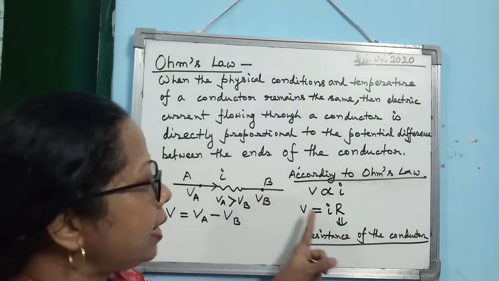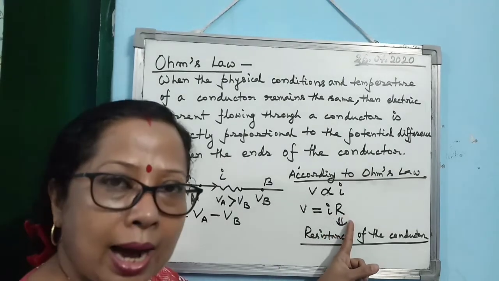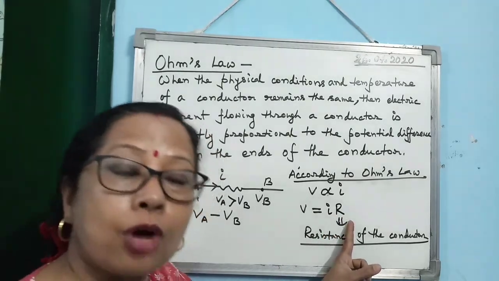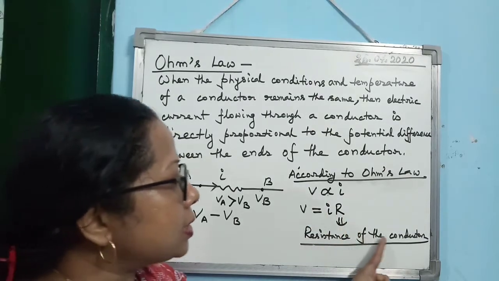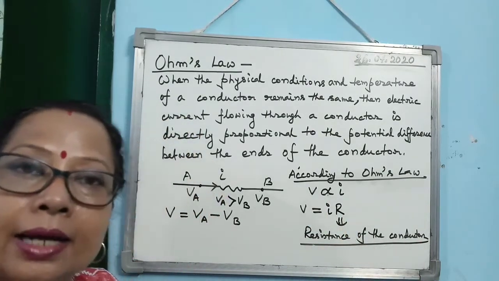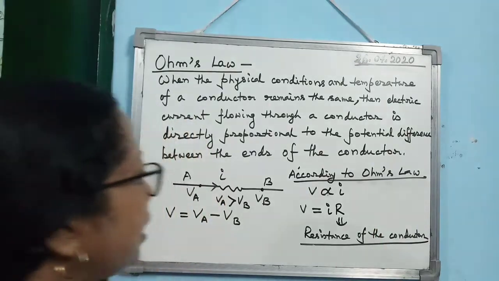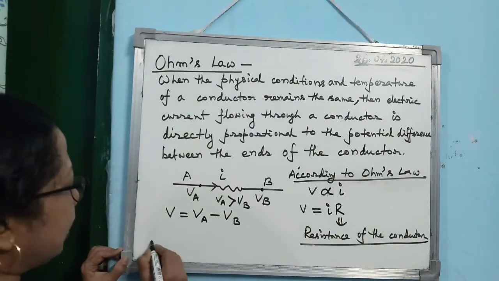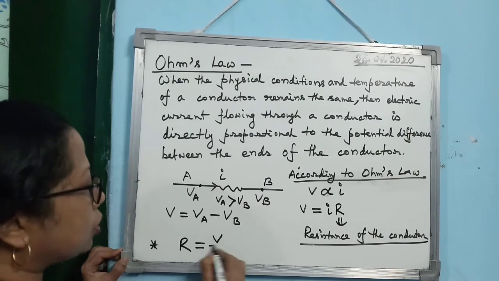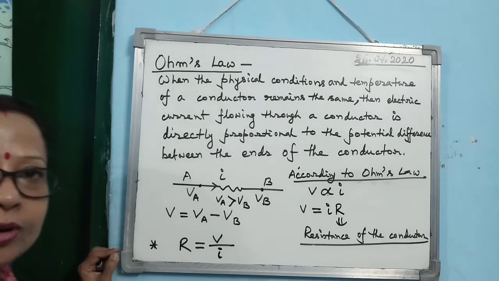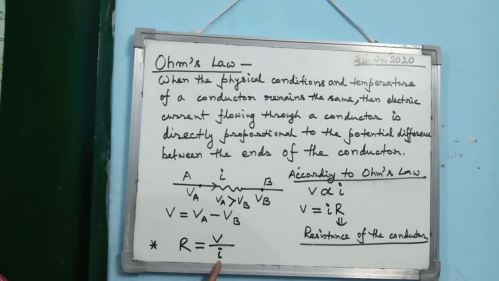So V is equal to I into R. R is the constant of proportionality here, which is known as the resistance of the conductor. According to this relation, one can write resistance is equal to V by I. V is the potential difference and I is the current.